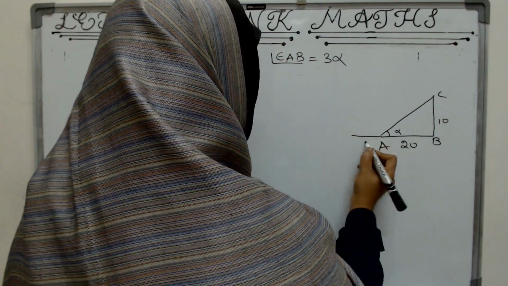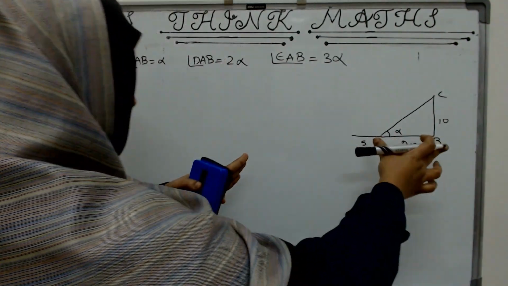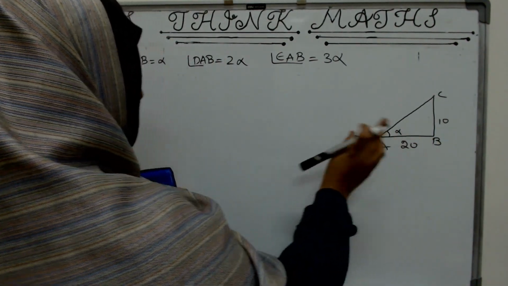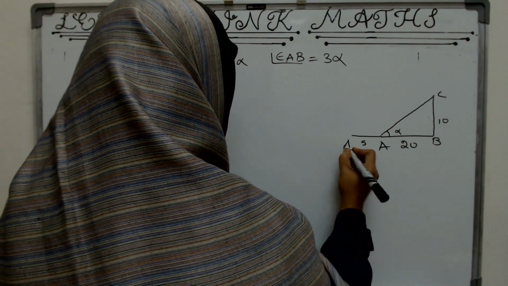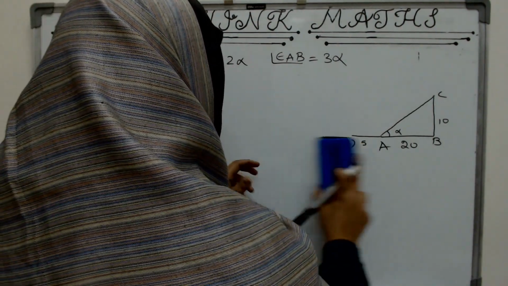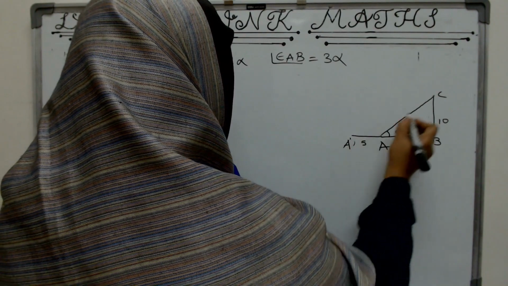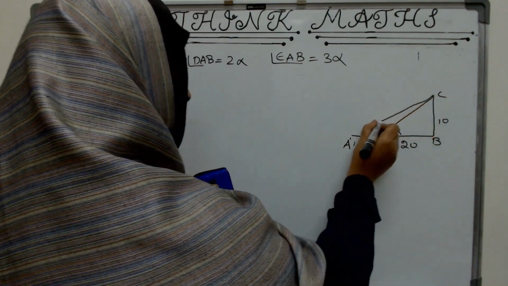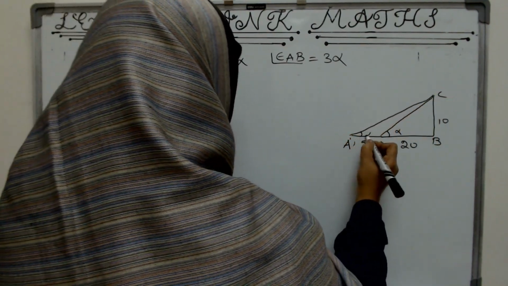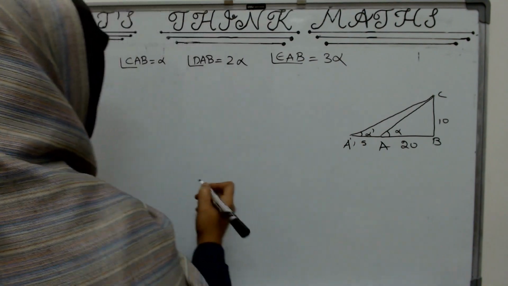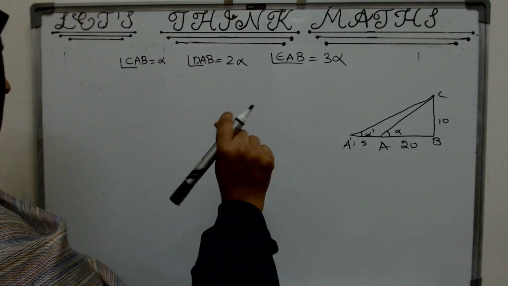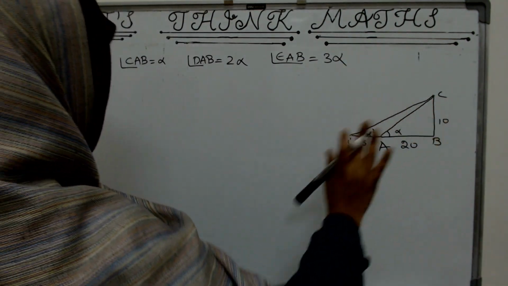That road is 5 meter, its width is 5 meter, and there is a person standing here. That person is A dash, and that person is also looking at C in such a way that his angle of elevation is alpha dash. So now the question is, what is the difference between alpha and alpha dash?